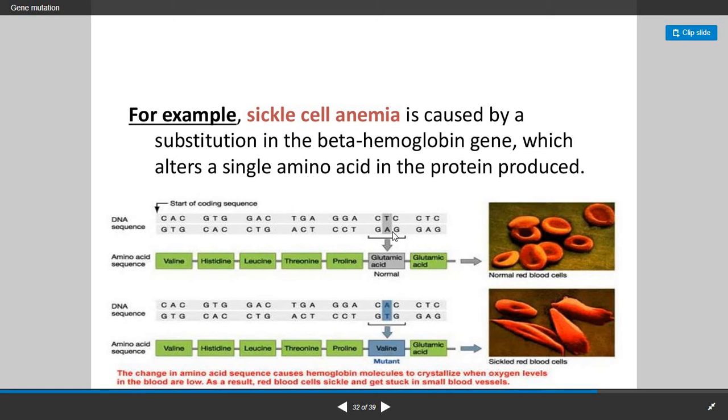Here you can see CAG and CTC for glutamic acid in the normal person, whereas in those experiencing sickle cell anemia, the sequence gets altered, that is T replaced by A, and here A is replaced by T. So the particular amino acid will be valine.